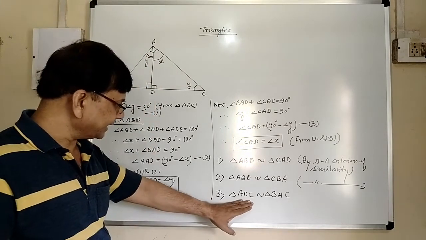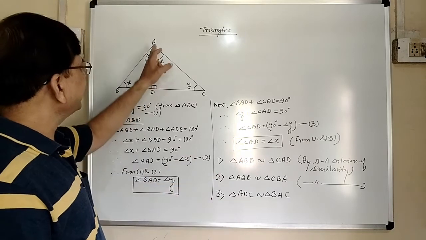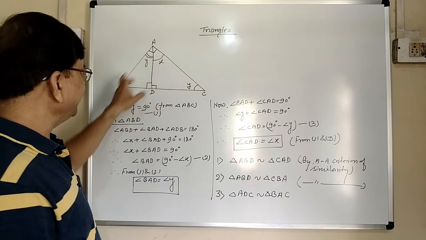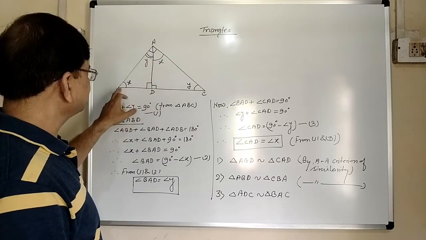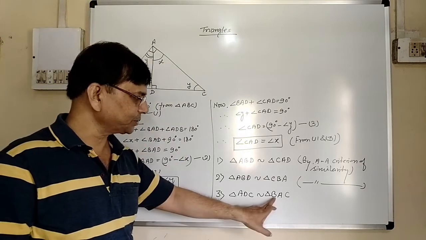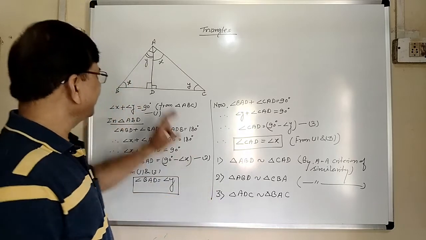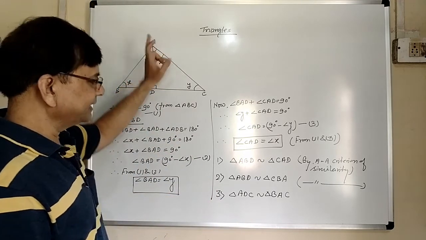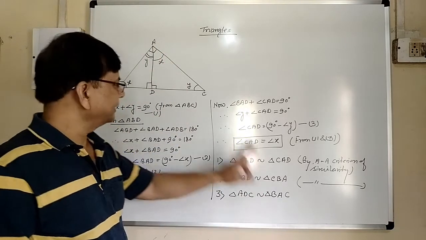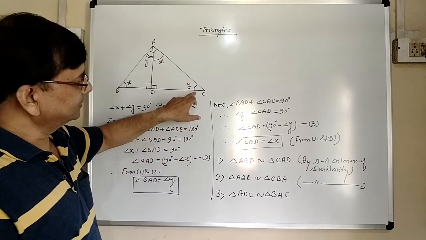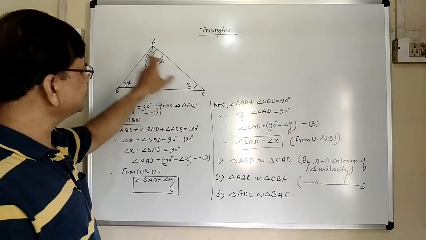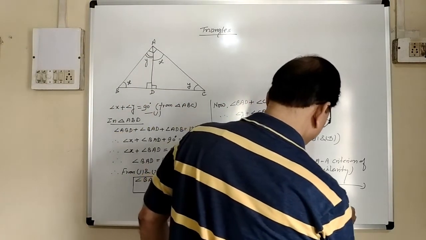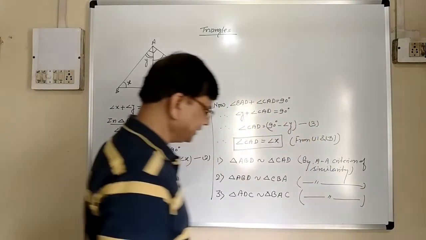So in ADC, vertex A corresponds to angle X. In the big triangle ABC it corresponds to B. So A corresponds to B. For D, which is 90 degree, in the big triangle vertex A is 90 degree. I have written A. This vertex C is common in both. So I have written C, and this is by AA criterion.